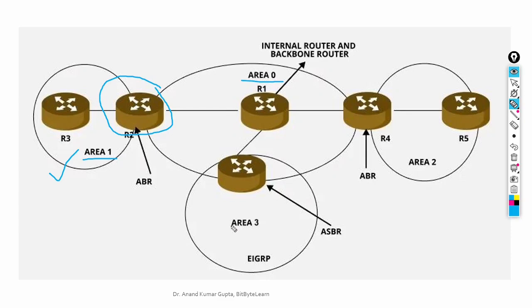Then if you focus, you can see there is a router, the ASBR, performing the autonomous system boundary router role, which is connecting the OSPF network to an external network. You can see there is the EIGRP protocol being configured on this area 3, so it allows connecting multiple external networks. For area 0, R1 would become the internal router and the backbone router. And this is how the routers' roles have been defined.